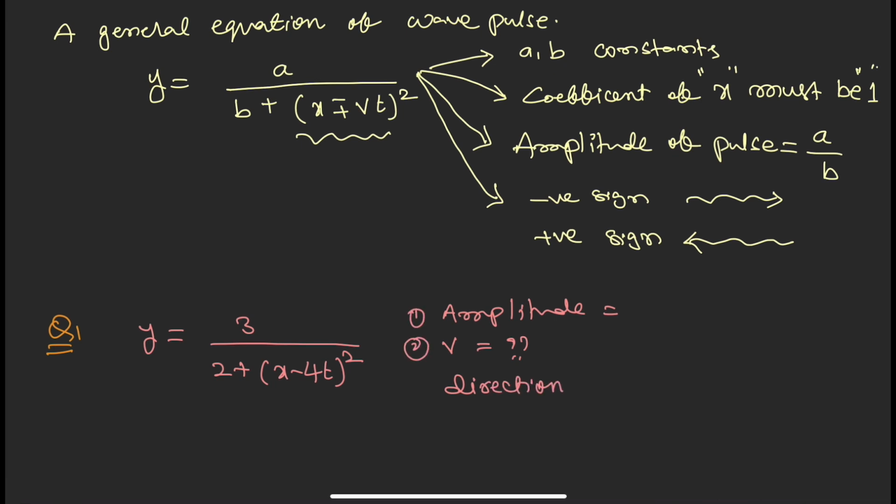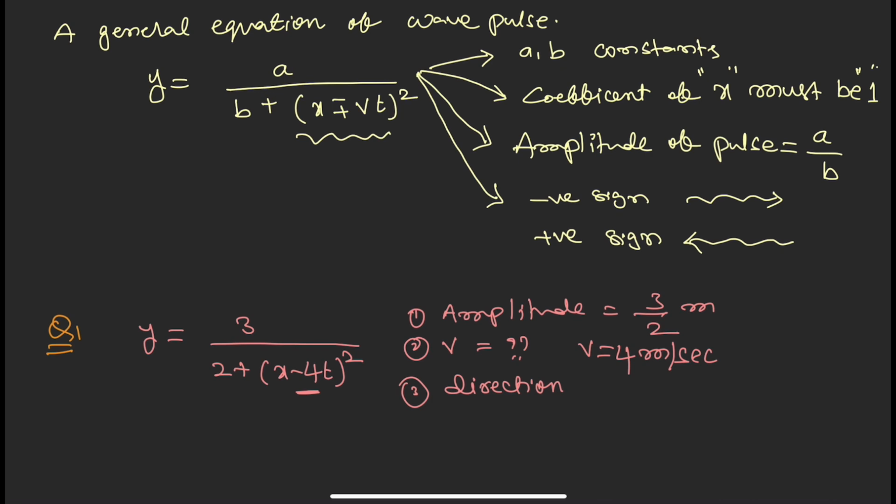So now we can find the answers. Amplitude is 3 by 2, since a by b is 3 by 2. Wave velocity: V is equal to 4, 4 meter per second if it is mentioned in meters; if it is in centimeters, then centimeter per second.